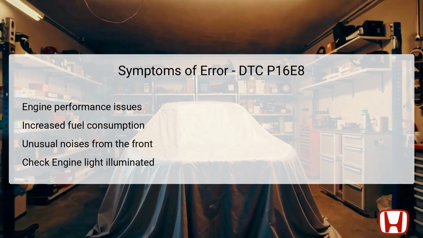Vehicle owners may notice several symptoms when DTC P16E8 is present. Commonly reported signs include engine performance issues, such as reduced power while accelerating, which may stem from improper airflow management due to shutter grille failure.